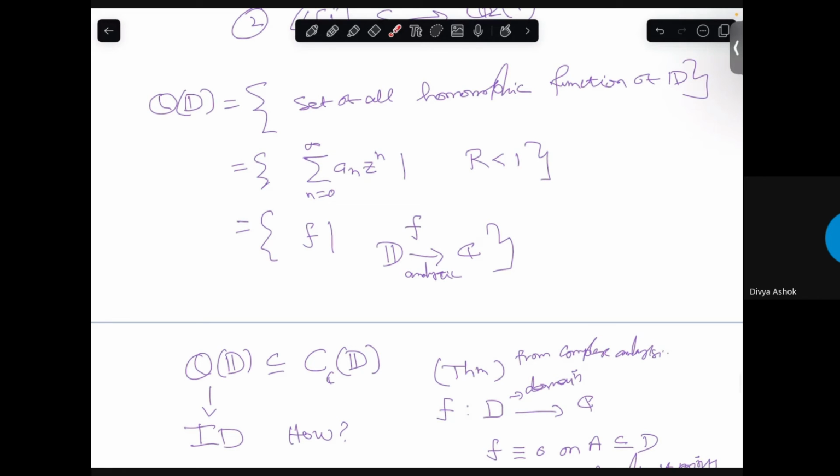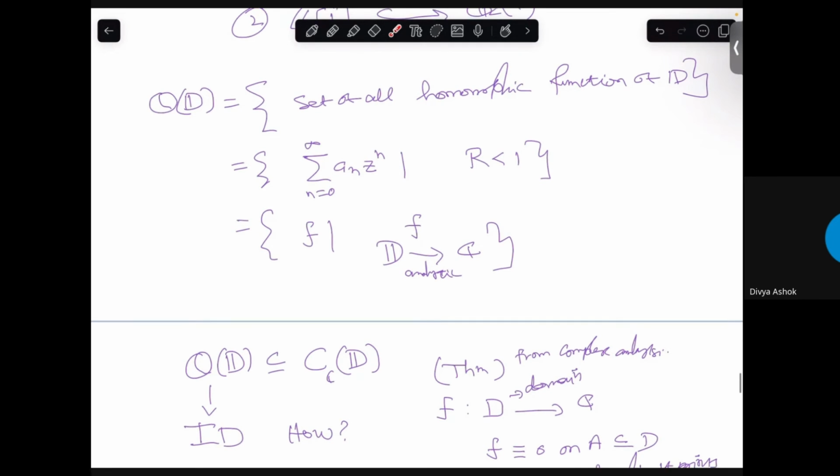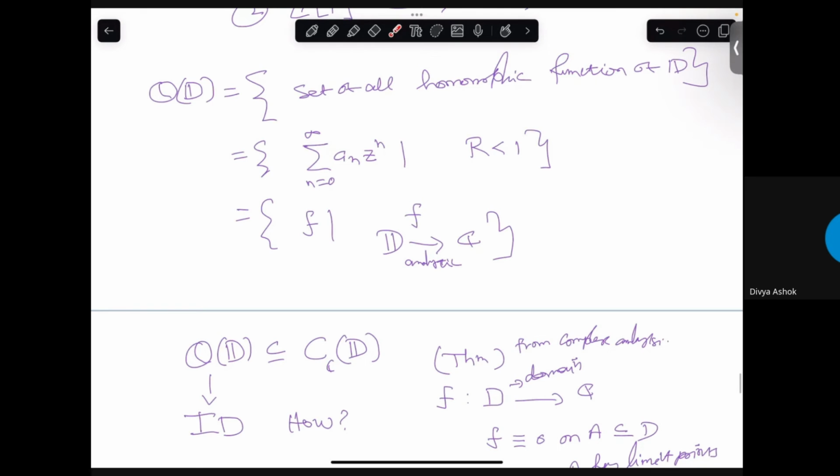Or I can say, look at all the functions which have a pole at 0, nowhere else. Do they form a ring? The next question is whether it is a commutative ring. If I add two functions with a pole at 0, the result also has a pole at 0. A removable singularity is also considered a pole of order 0. Think about it, okay?